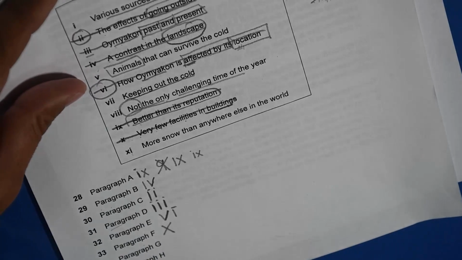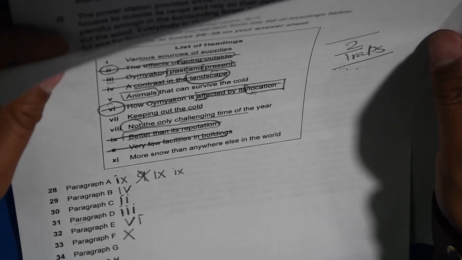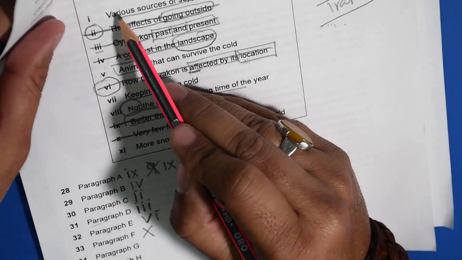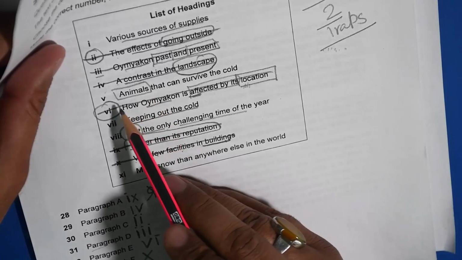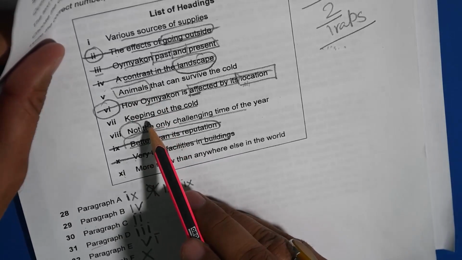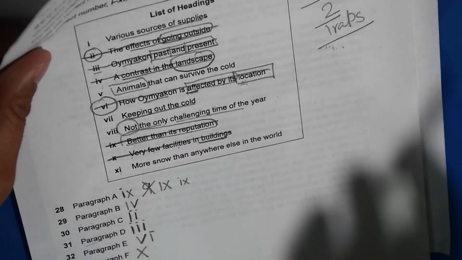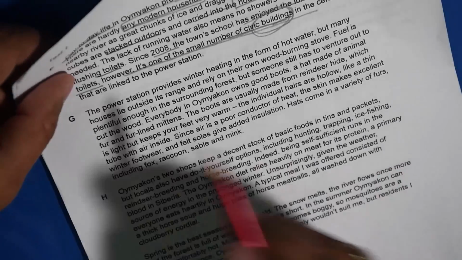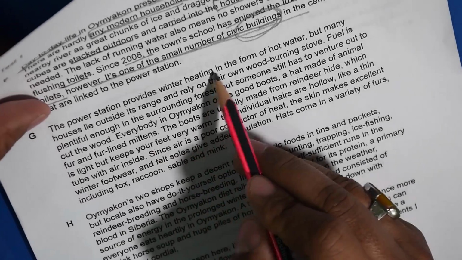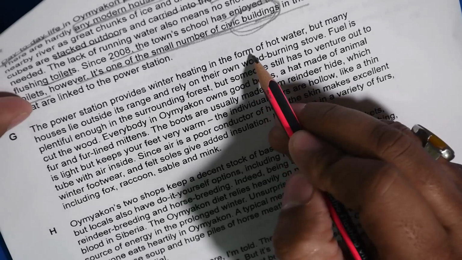Now let's go on, question number 34, paragraph G. We have to see which option is going to be the right one, and remember we are left with only a few headings. The power station provides winter heating in the form of hot water.